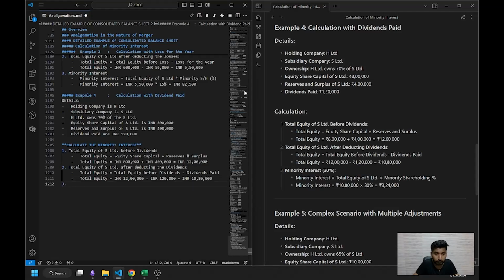Hence, the next step comes as the calculation of the minority interest, and the minority interest at 30%.